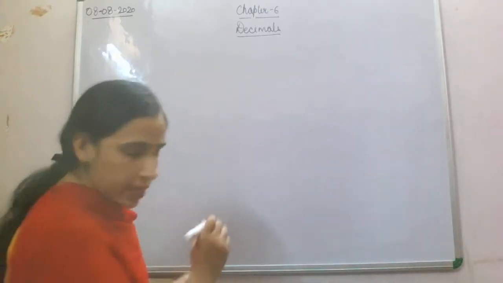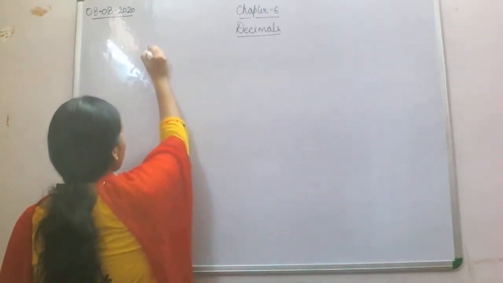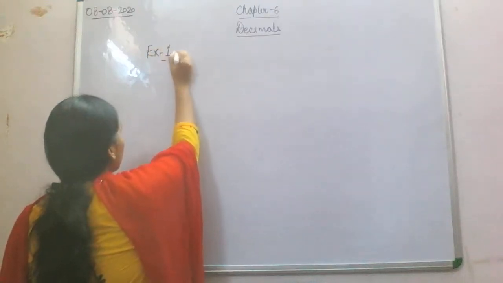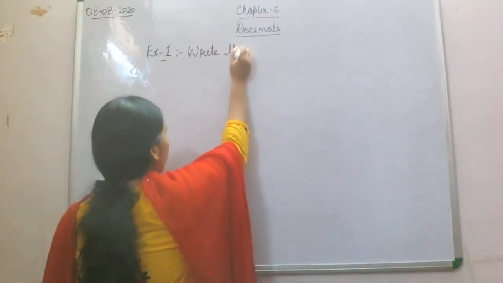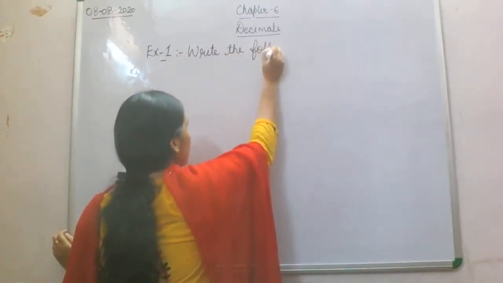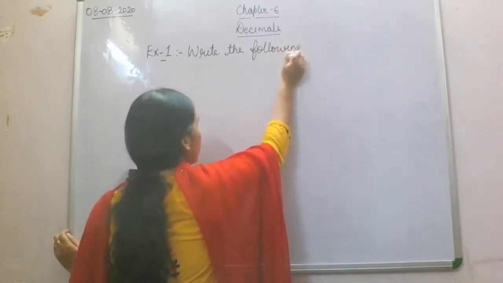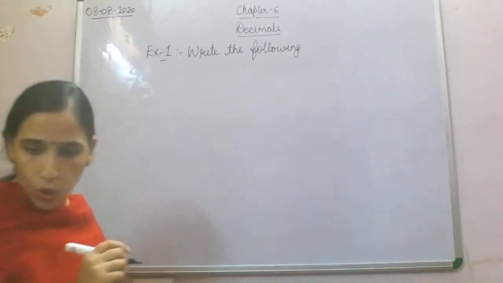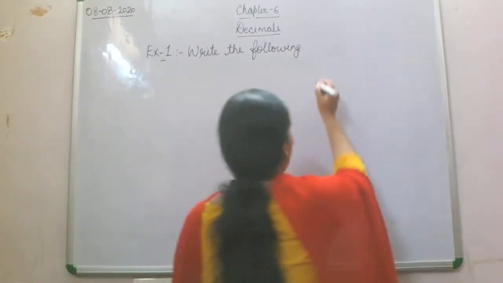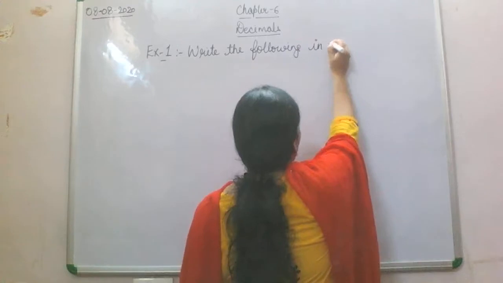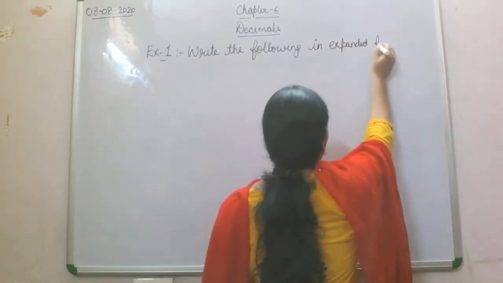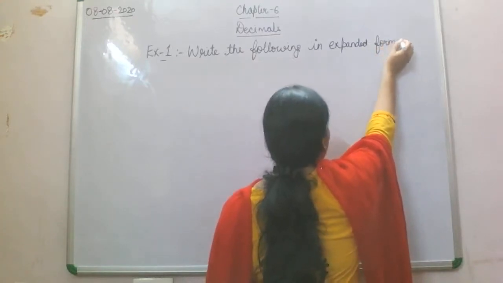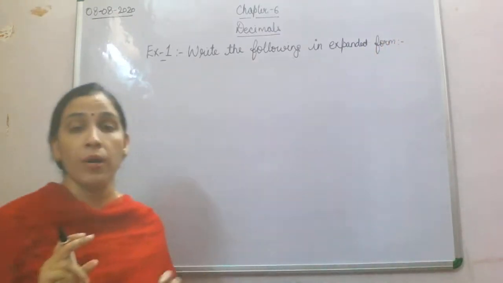So we'll start with example 1. Write the following in expanded form. You have to write the decimal number in expanded form.